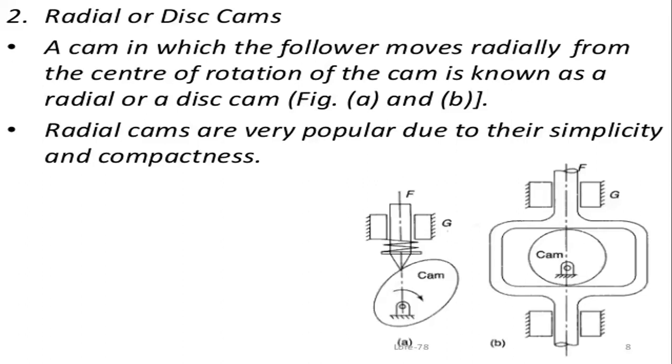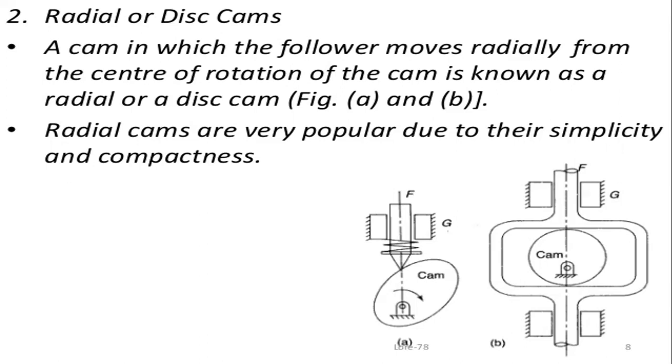A cam in which the follower moves radially from the center of rotation of the cam is known as a radial or disc cam. So a disc cam is one in which the follower moves radially from the center of the rotation.